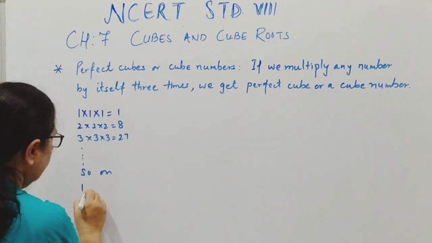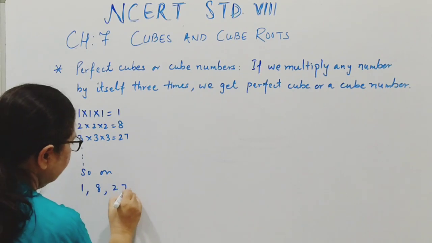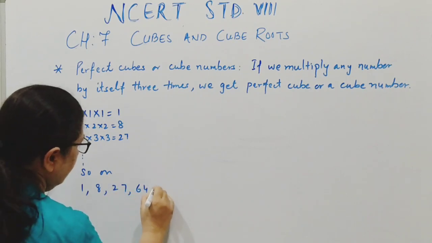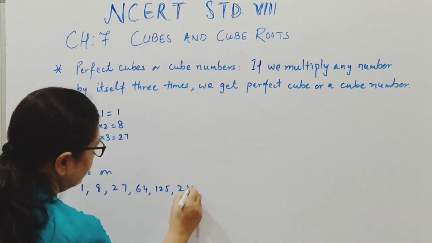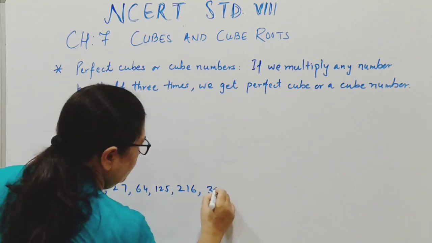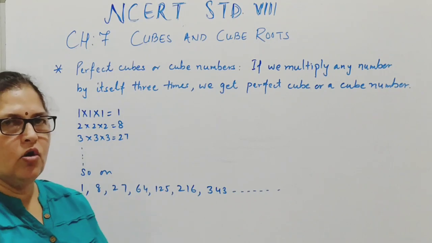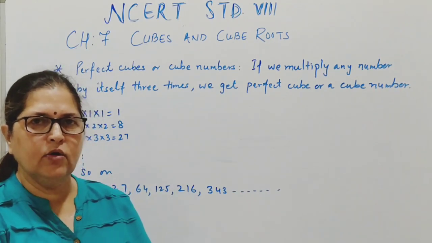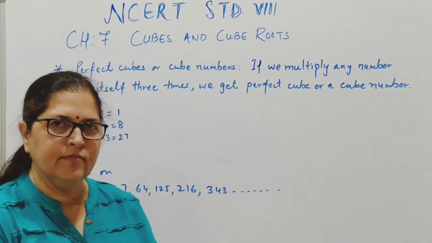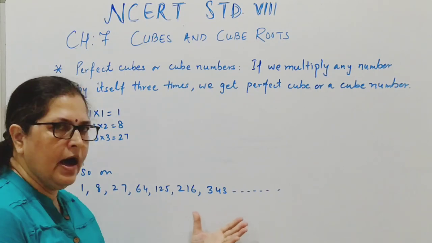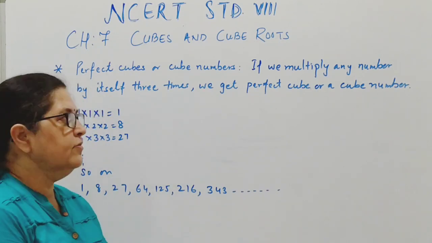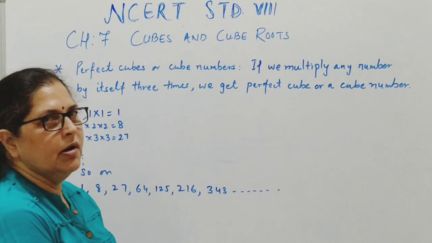So 1, 8, 27, 64, then 125, 216, 343, and so on. All these numbers are obtained by multiplying a particular number by itself 3 times, so they are perfect cube numbers or simply cube numbers.